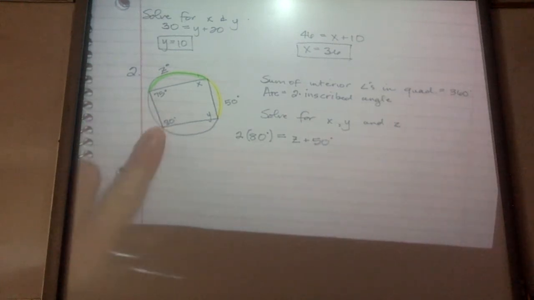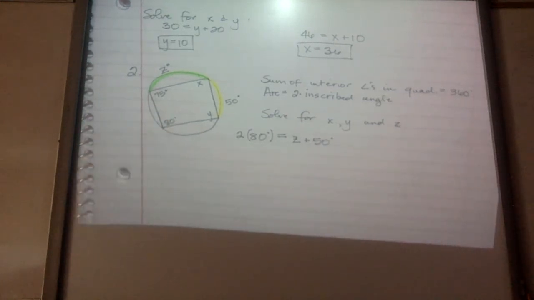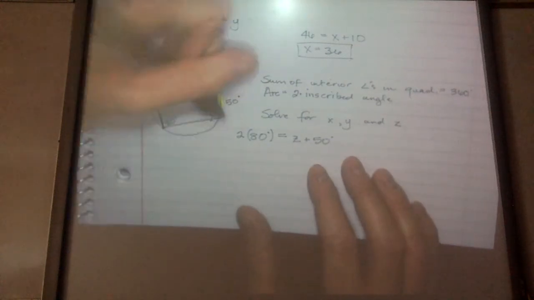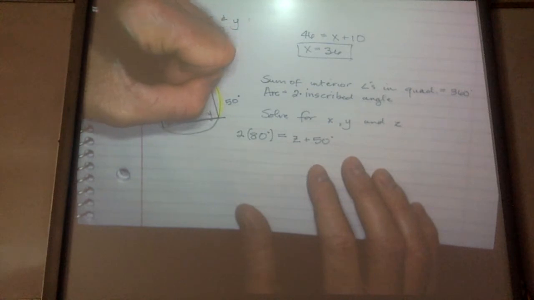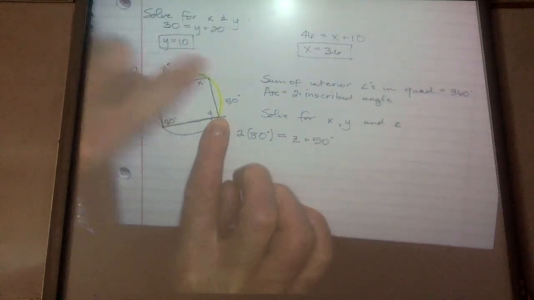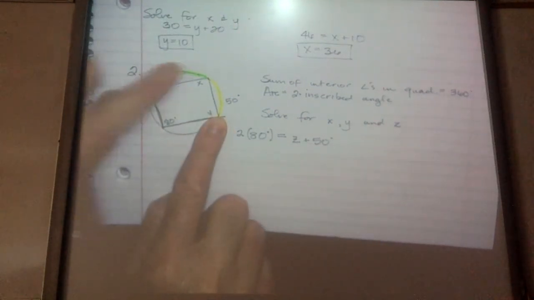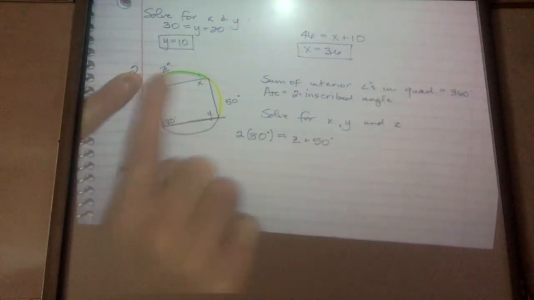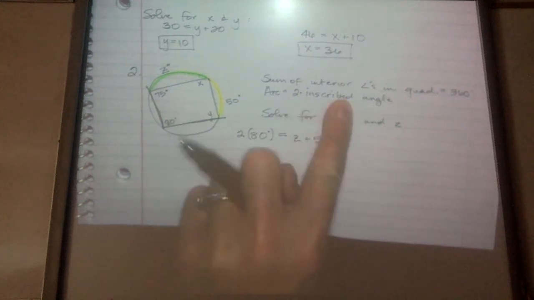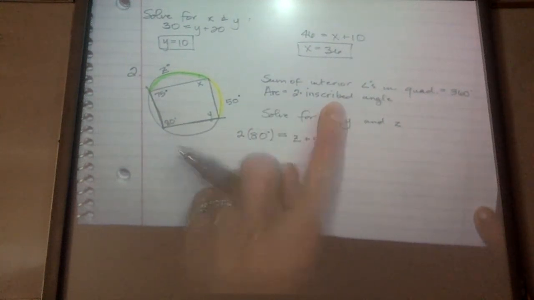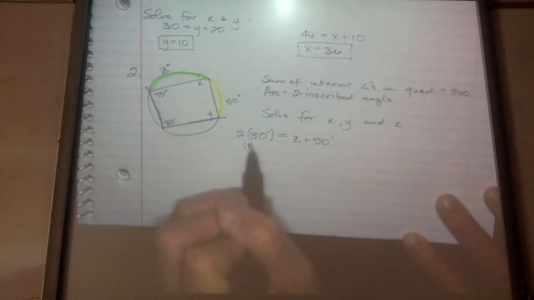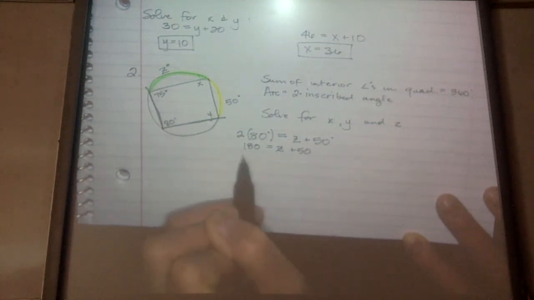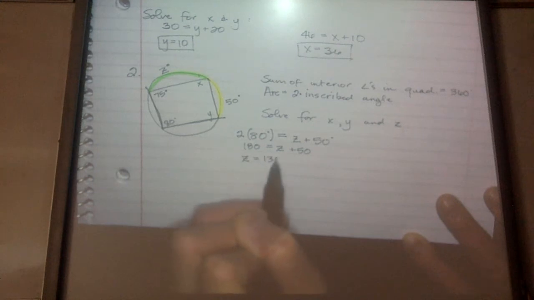The inscribed angle is 80, but it is touching the arc of Z all the way to 50, and that's why I wrote Z plus 50. So angle 80 is touching this whole arc, and the arc is 2 times the inscribed angle. So 160 equals Z plus 50, so Z equals 130 degrees.